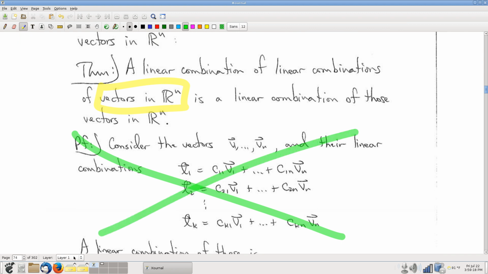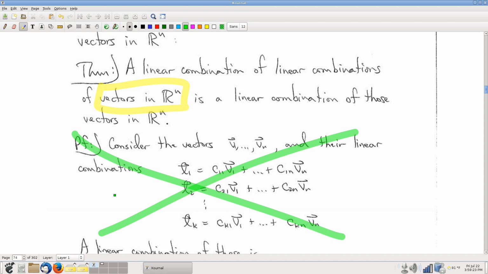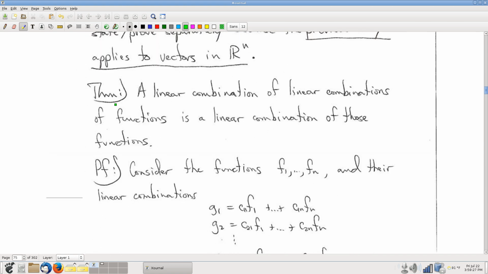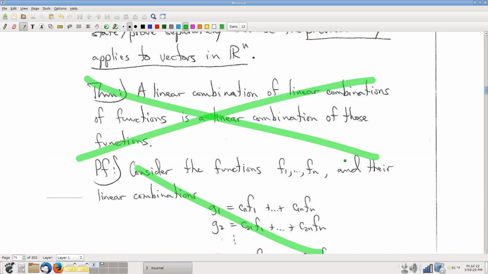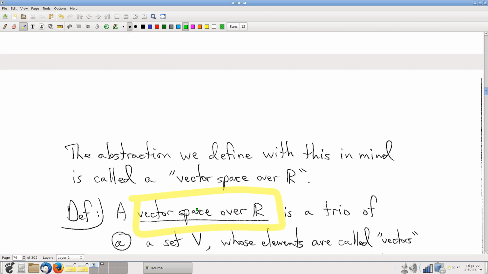Never would have had to do that at all. This is an immediate consequence of the theorem we just proved. Never would have had to state and prove this theorem. It's an immediate consequence of what we just proved, etc.